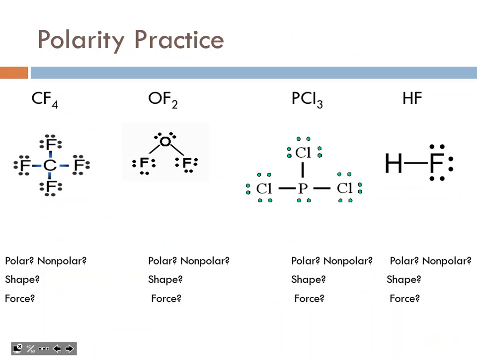How about PCl3? That one's going to be pyramidal. Yes, it has that lone pair pushing the other three down, even though it looks upside down up here. So is that polar or nonpolar? Polar. And does it have any H's in it? No, so its strongest force is going to be dipole-dipole. And HF over here? Polar. What's the shape? Linear. And its strongest force?